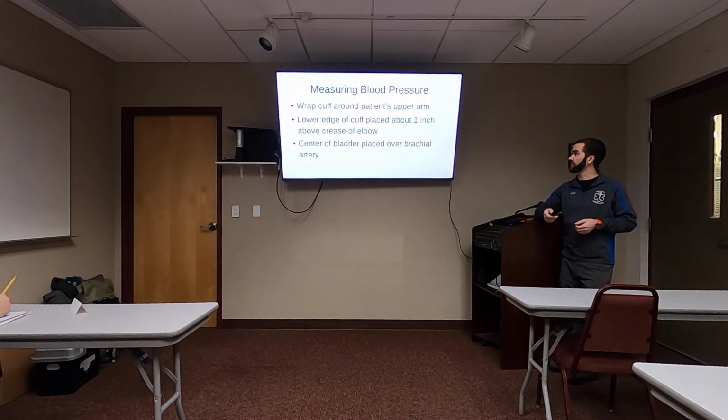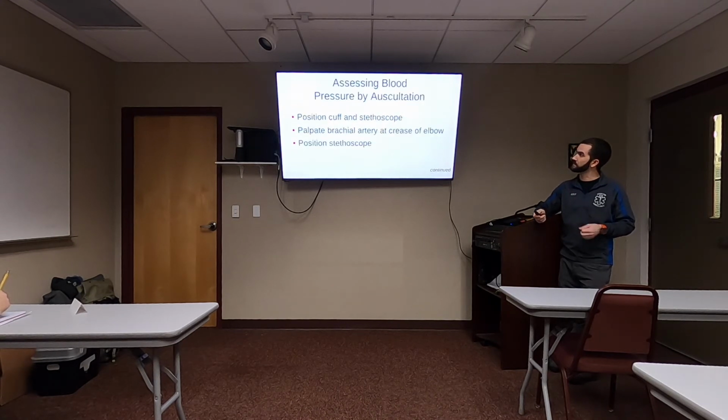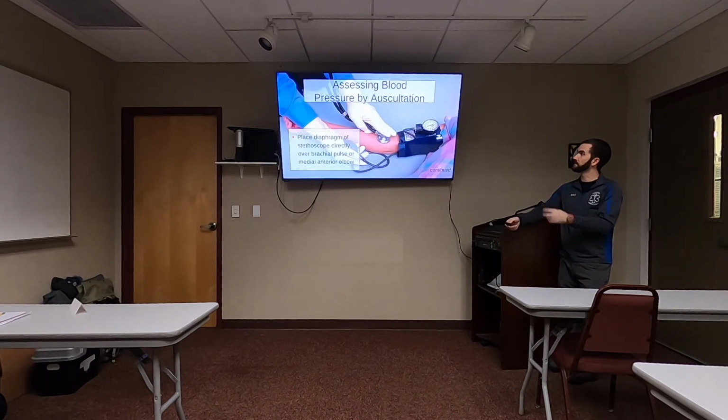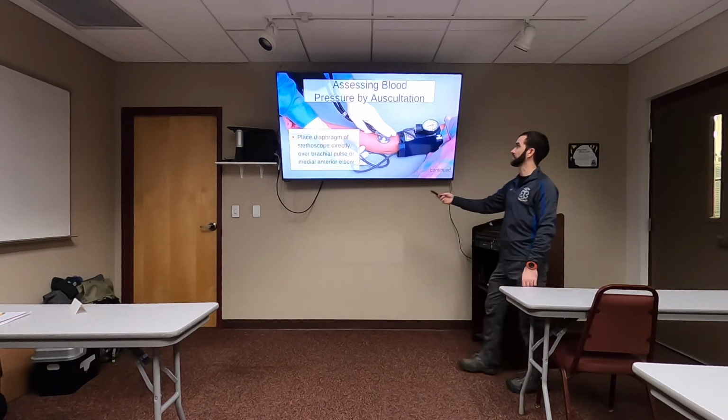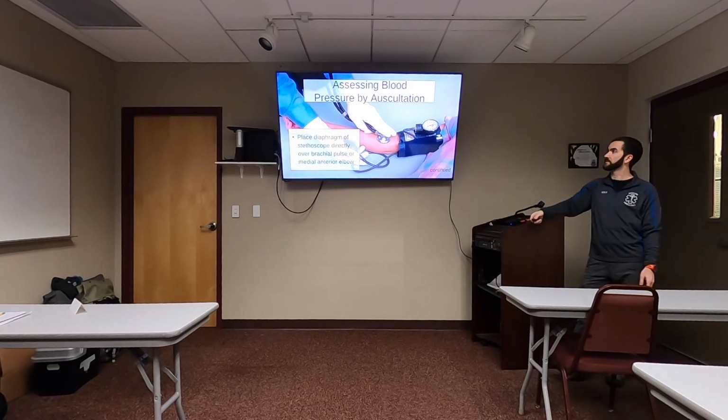Wrap that thing around their upper arm, pump it up, put your stethoscope there. Basically what you're listening for is the sound of blood coming back through after you've released pressure. When blood squirts past that pressured cuff, you look at the dial and see what the pressure is when the blood is able to squirt past through there, and that's their systolic number.